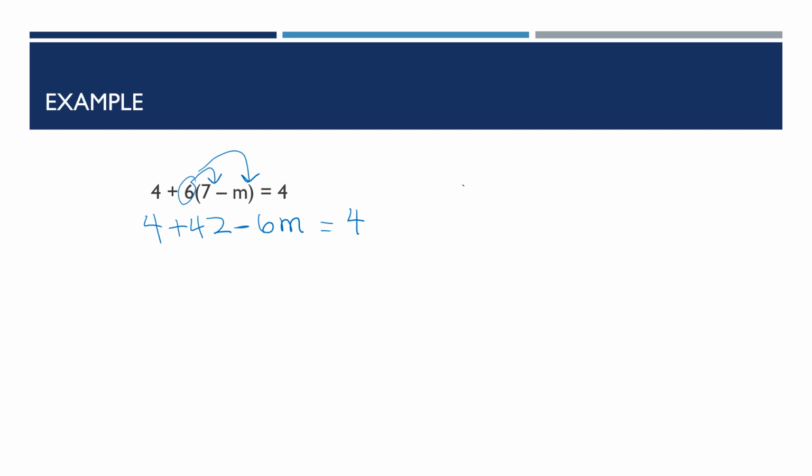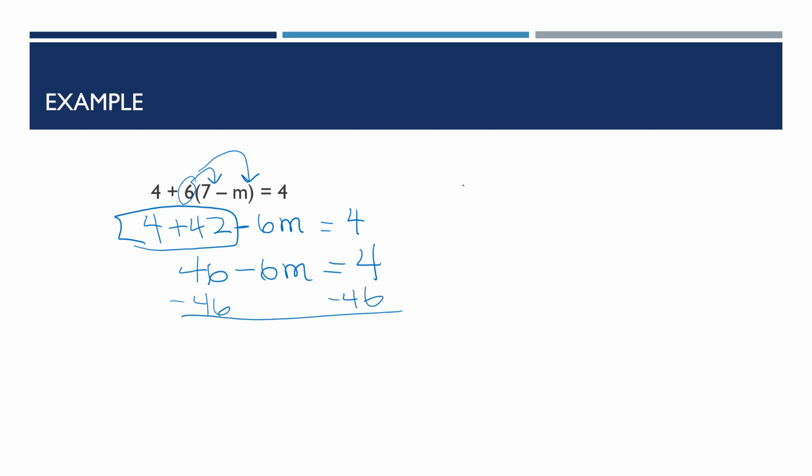I'm going to combine my like terms. So here are my like terms. 4 plus 42 is 46 minus 6m equals 4. I'm going to move the numbers to the other side by subtracting 46.